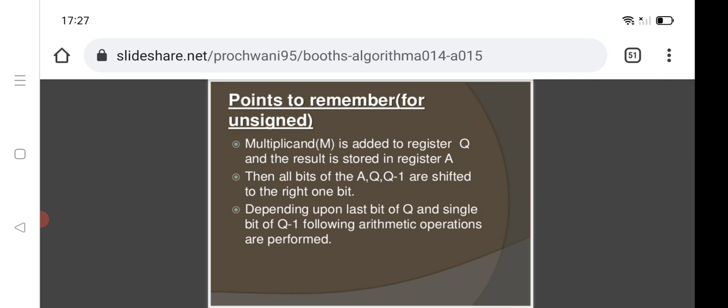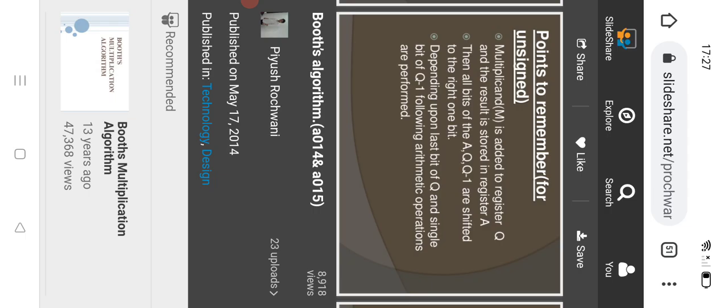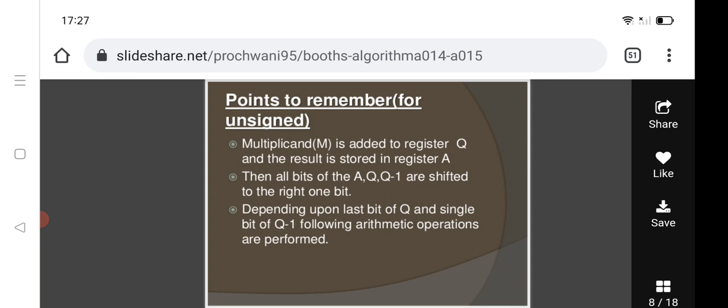Now when you go with the multiplicand, the multiplicand stored in M is added to register Q, and the result is stored in register A. You are going to add the multiplicand M to the register Q, and store the result in the register A. Then all the bits of A, Q, Q minus 1 are shifted to the right by 1 bit.